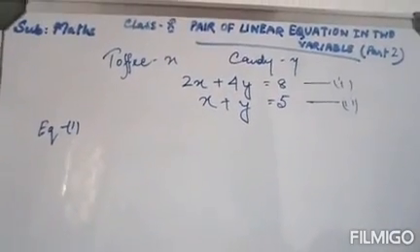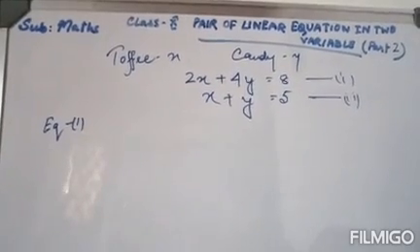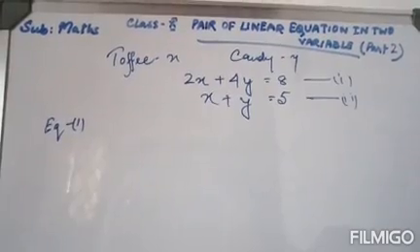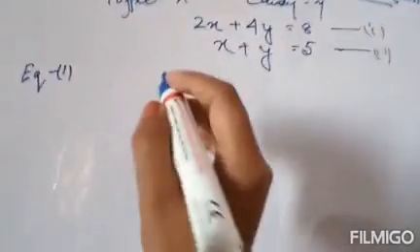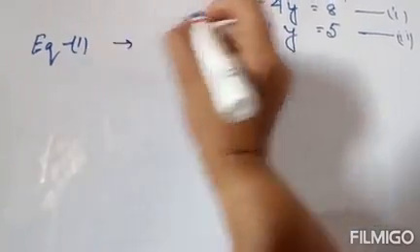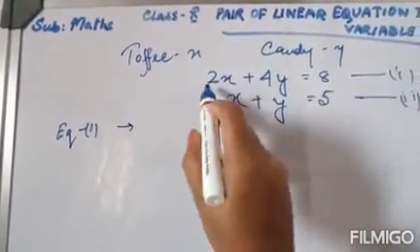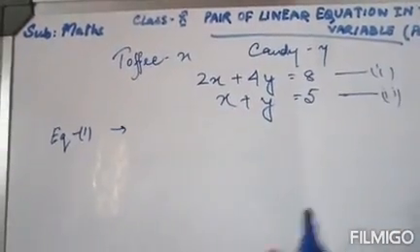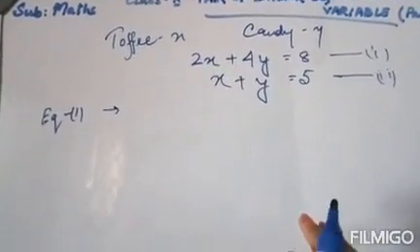Now if I tell you to find points for equation 1, for one value of x, what will be the value of y? This equation already contains coefficients which are multiples of 2, so let us reduce it. You may or may not reduce it, but it will be easy for us.